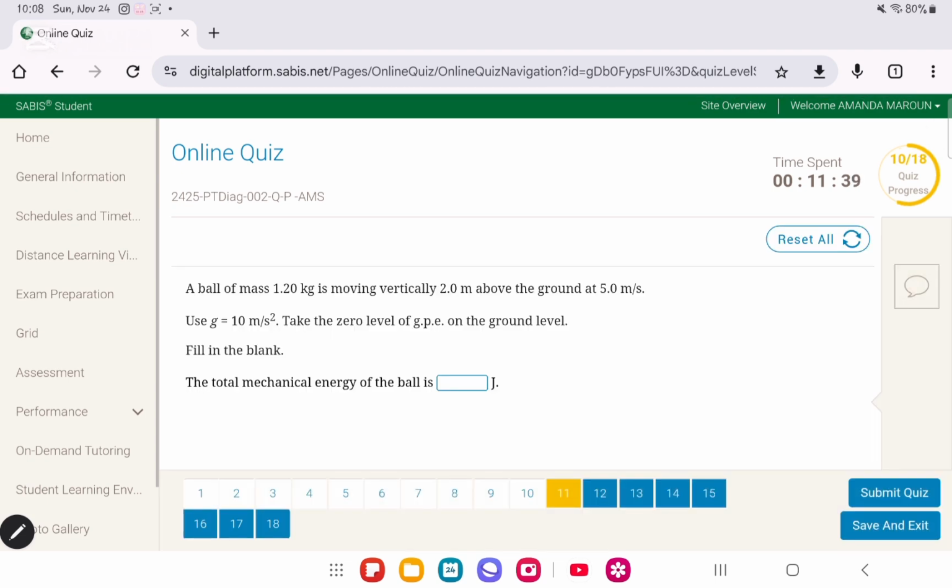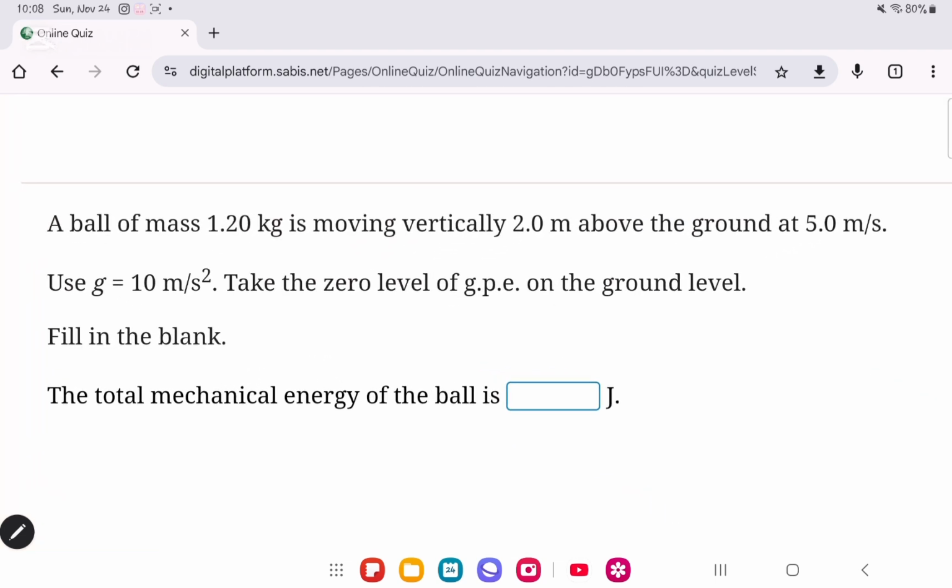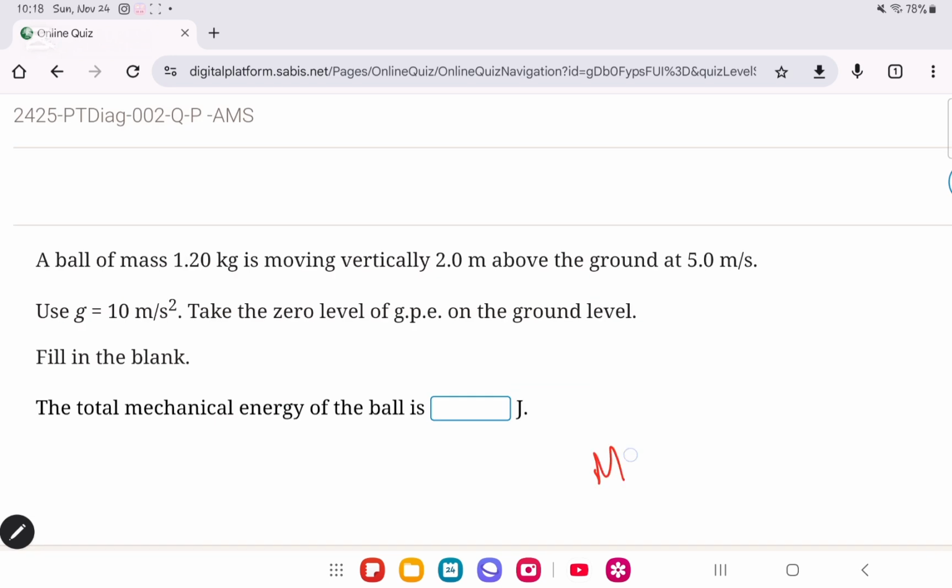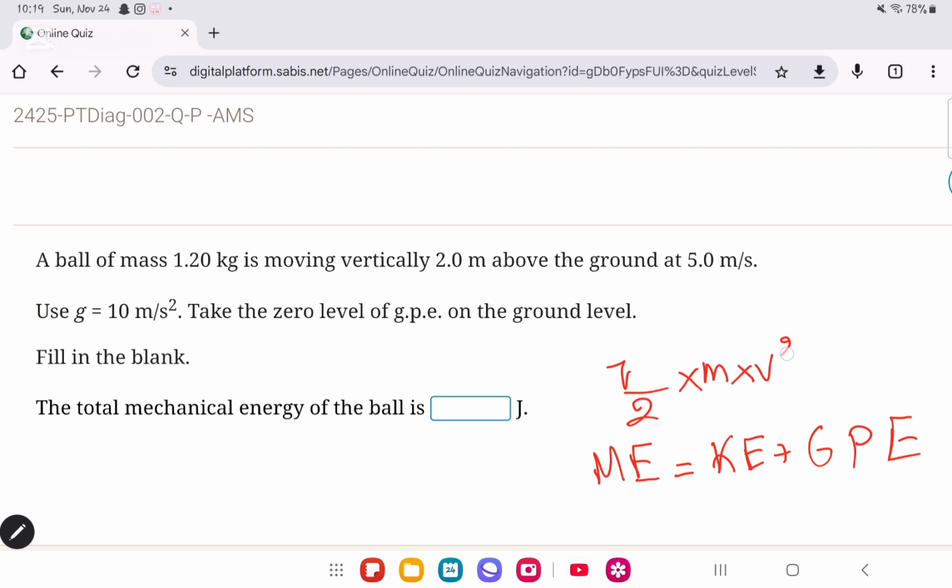Question number 11. They need the mechanical energy. We have mechanical energy is equal to kinetic energy plus gravitational potential energy. Okay, the equation for kinetic energy is 1/2 times the mass times velocity squared plus GPE, its equation is mgh.